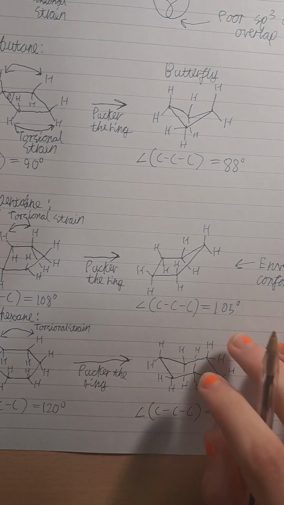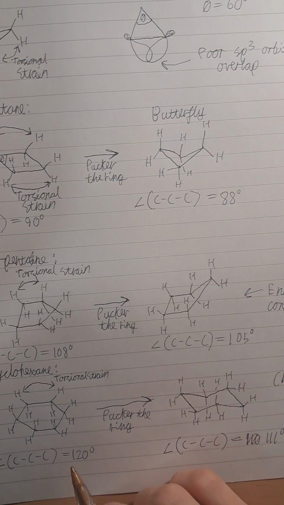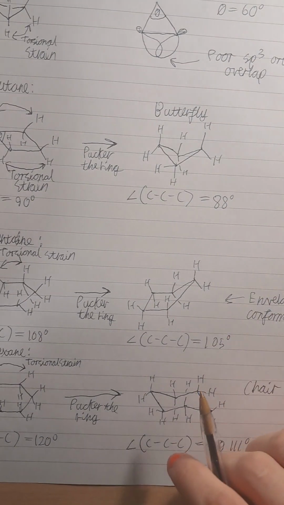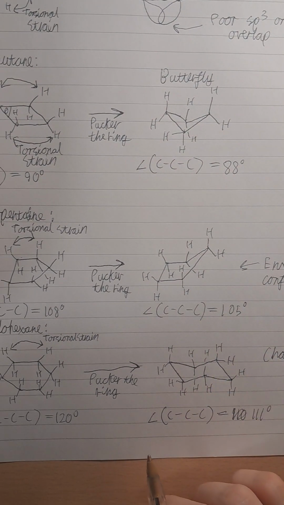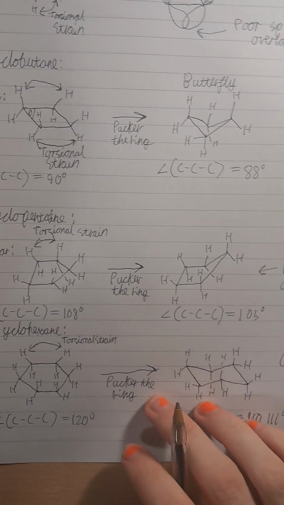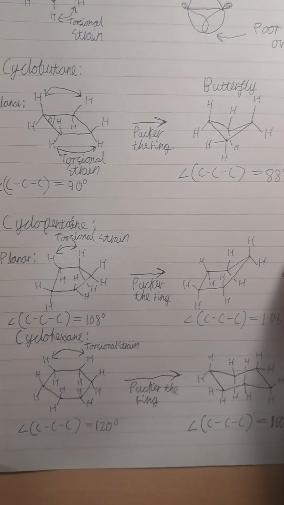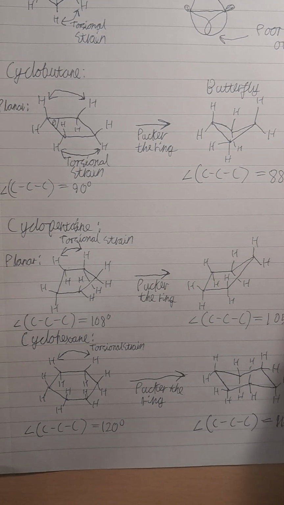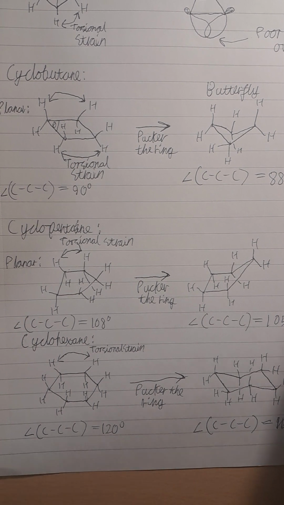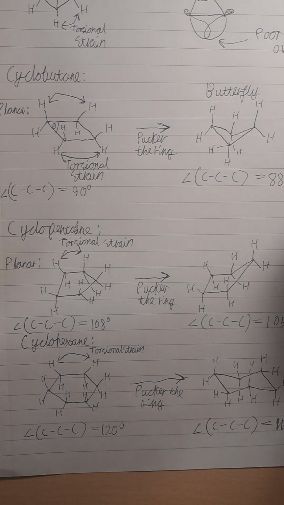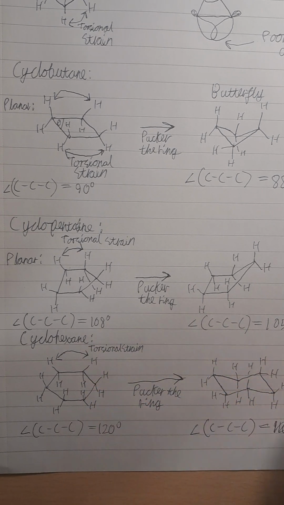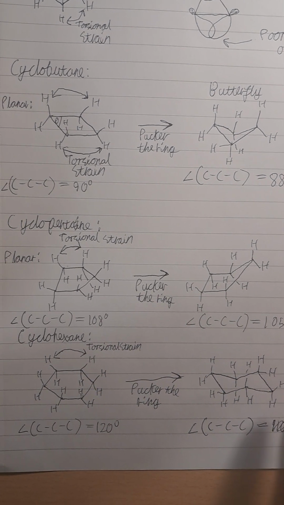So there's been a decrease in the bond angle, but since the bond angle started off above 109.5 and has gotten closer to it, in cyclohexane there has been a decrease in both torsional and angle strain. In the previous two, cyclobutane and cyclopentane, there was just a decrease in the torsional strain, and the angular strain increased slightly. But that's not the case for cyclohexane. So that makes this even more favourable, which is quite nice.